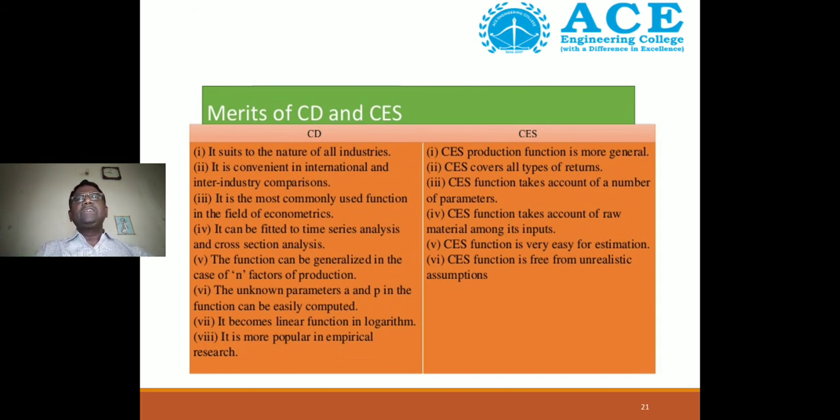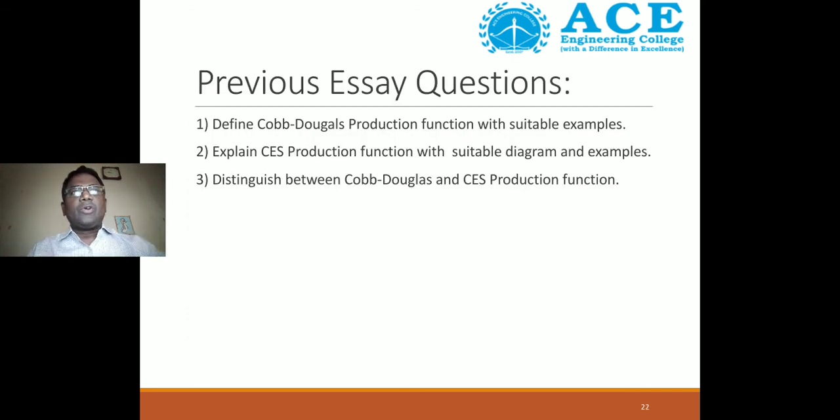For the examination, several times they ask to define the Cobb-Douglas production function with a suitable example. Second is to explain the constant elasticity of substitution production function with suitable diagram and examples. Third is to distinguish between the Cobb-Douglas and CES production functions.